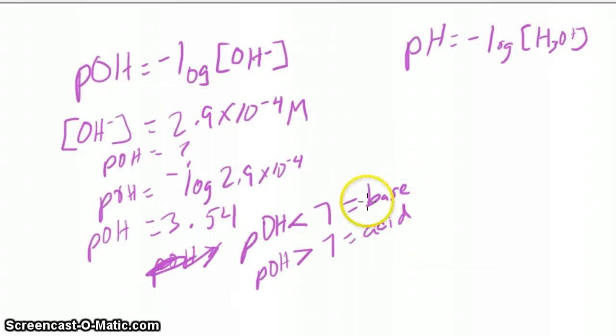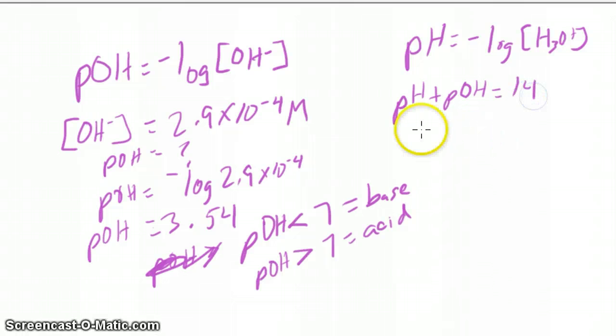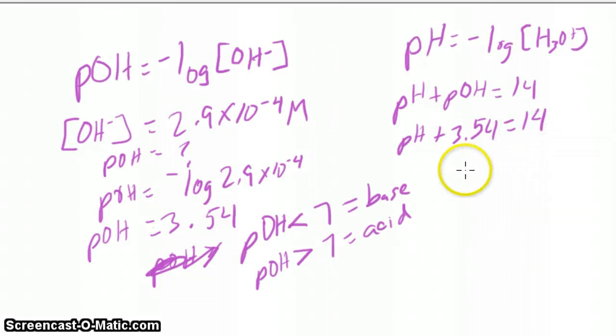And then of course we can interconvert between pOH and pH because we know the pH plus the pOH is equal to 14. So if I plug in the pOH in this equation, pH plus 3.54 equals 14, I can easily solve for the pH by taking 14 minus 3.54 and getting 10.46.